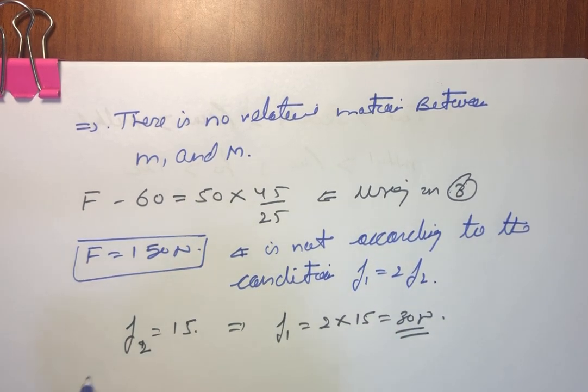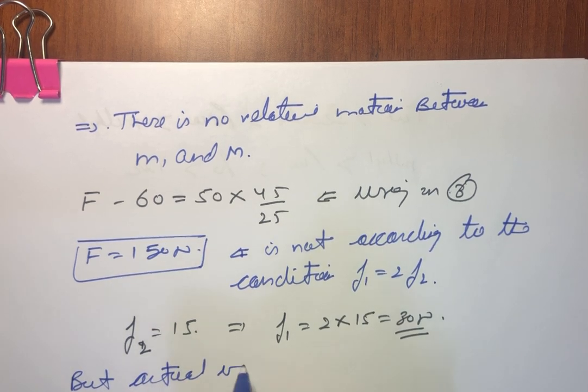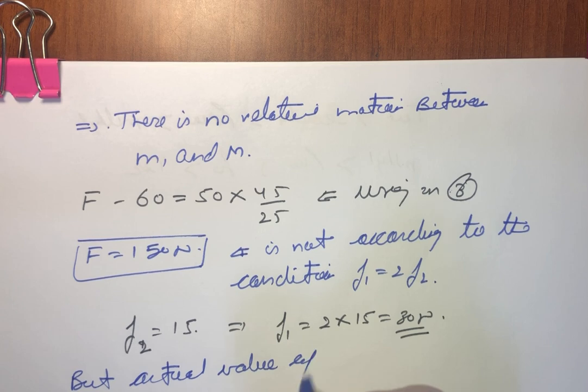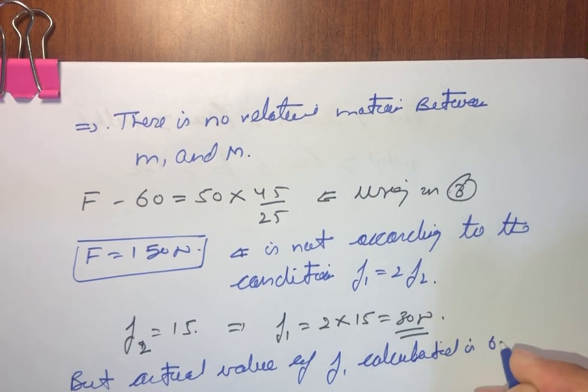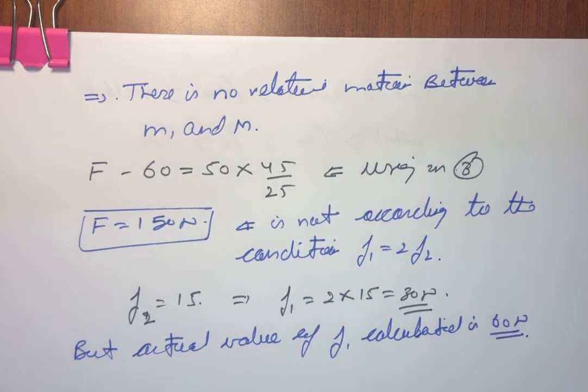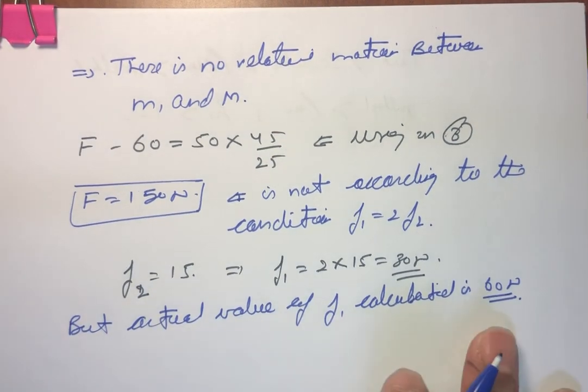Okay, so we can say the actual value of F1 calculated is 60 Newton. Therefore, from here we can draw two conclusions.